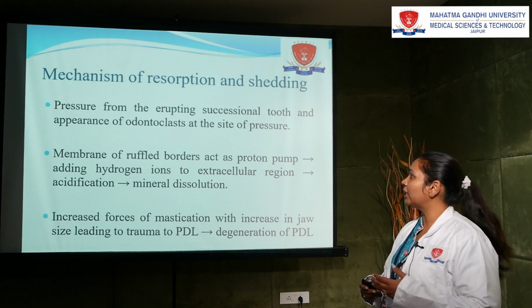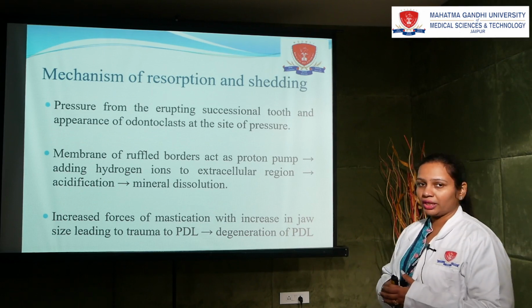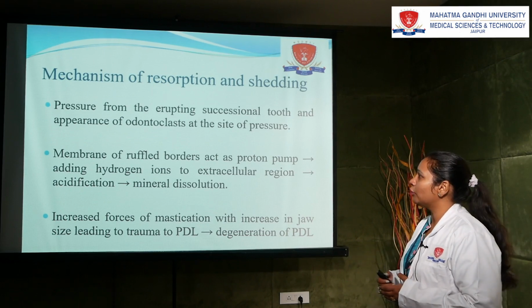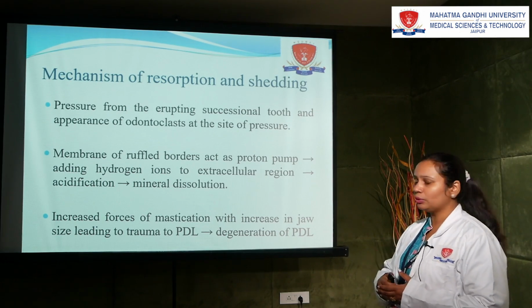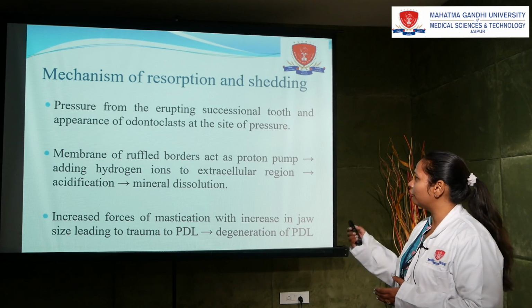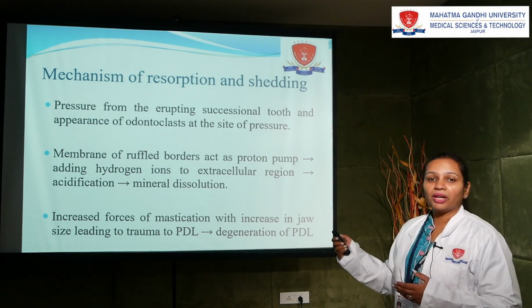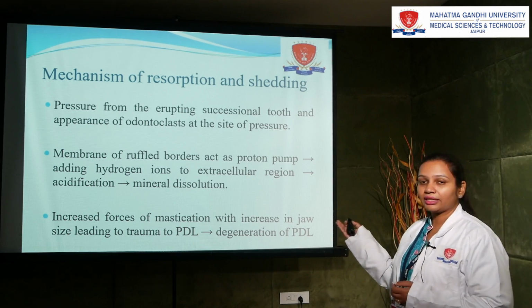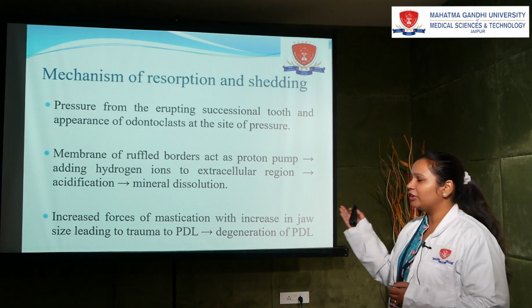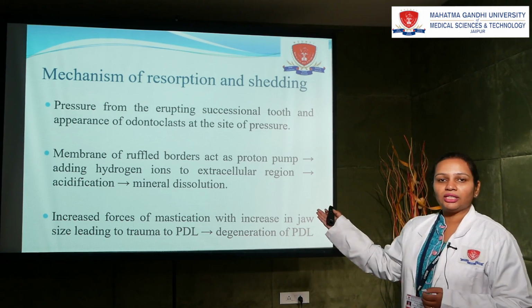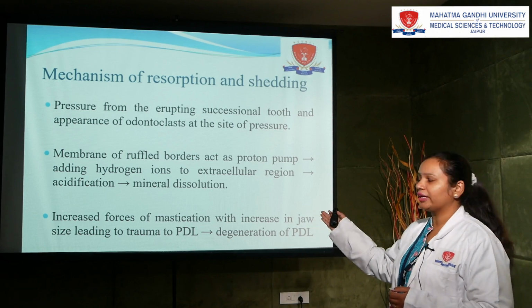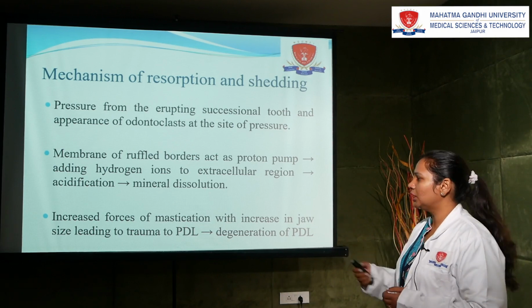Now coming to the mechanism of resorption and shedding. The pressure from the erupting successional tooth causes the appearance of odontoclasts at the site of pressure, and the membrane of ruffled borders acts as a proton pump which adds hydrogen ions to the extracellular region, leading to acidification and finally mineral dissolution.